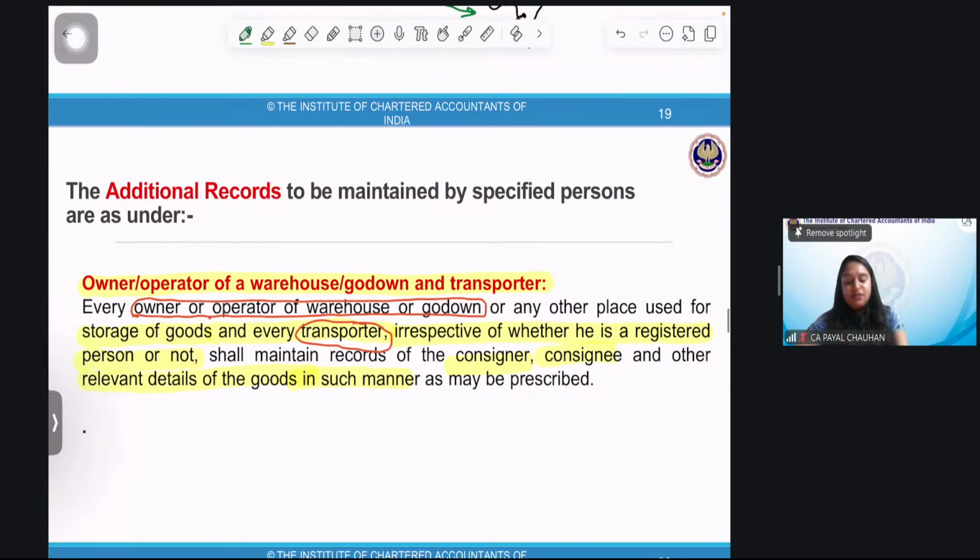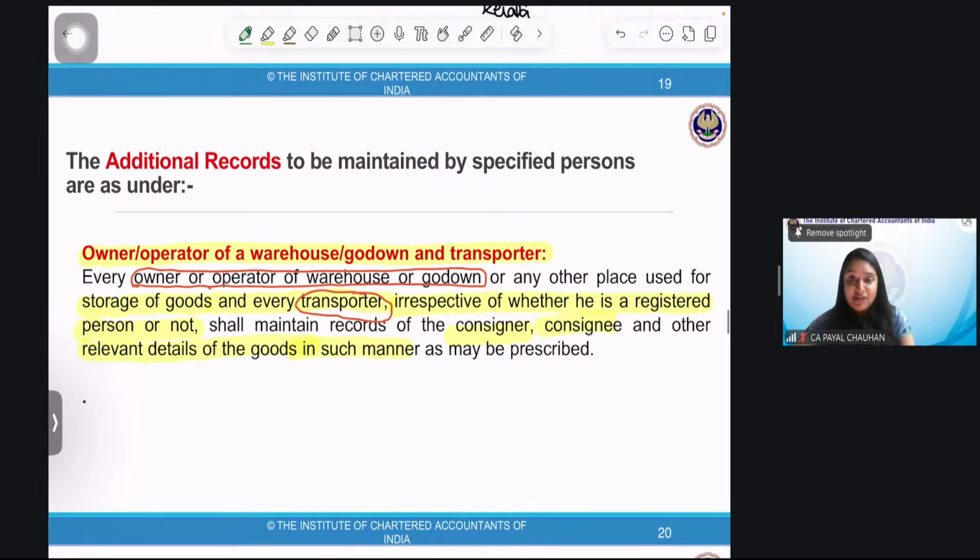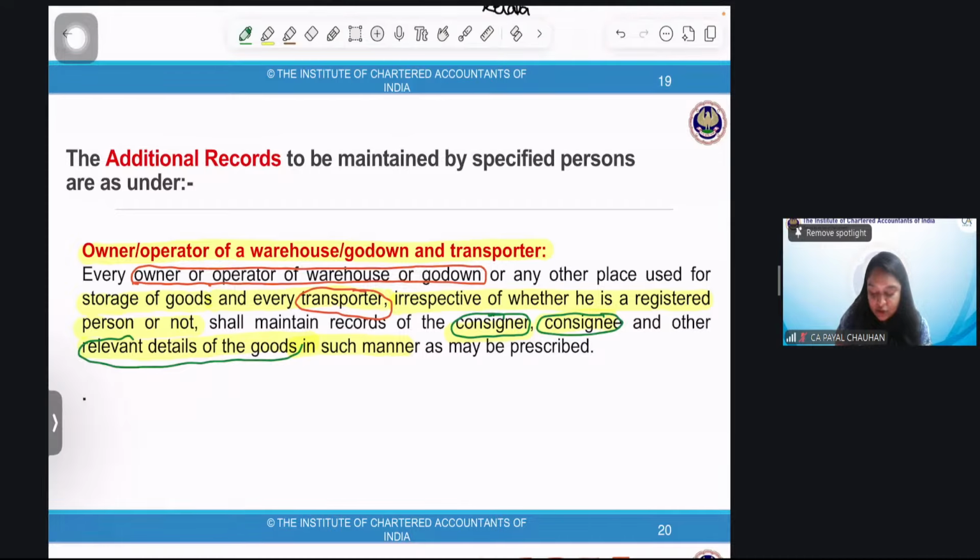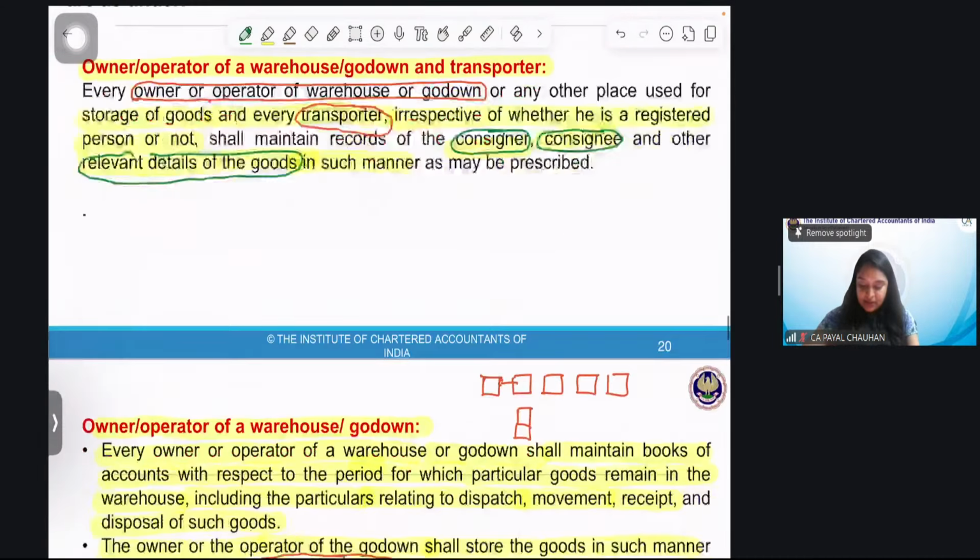Now, we have additional records. If you are an owner or operator of a warehouse or godown, or a transporter, then you have to keep the details about the goods stored at any other place used for storage of goods. Every transporter will have details about the consignor, the consignee, and other relevant details of the goods in the manner prescribed.